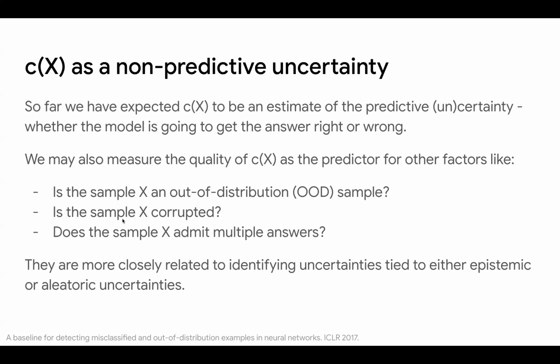That's also a binary detection task, where the property we are trying to predict, corruption, is related to predictive uncertainty but not necessarily aligned perfectly with it, like correctness of the prediction. Or: does this sample X admit multiple answers rather than just a single answer?